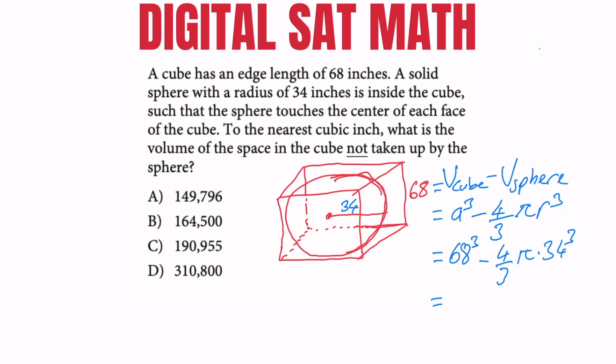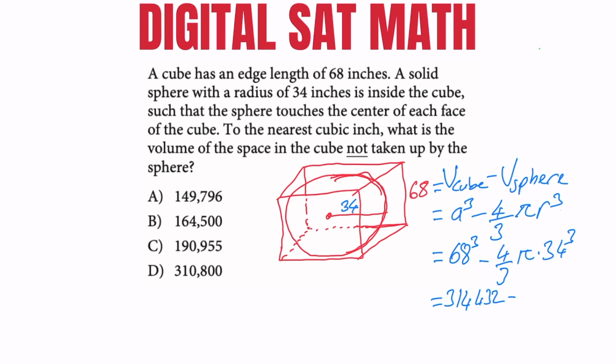If you just use your calculator, you will be able to determine these values, but I will just give it to you. 314,432 for this one, with the unit being inches cubed.